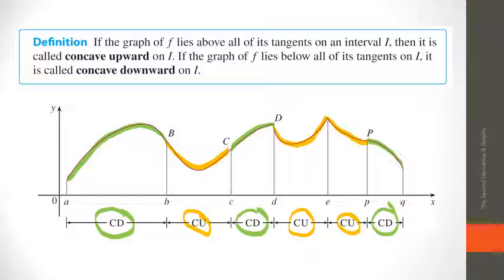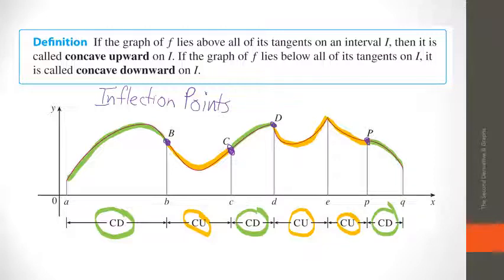Now, the points where you change from concave up to concave down, like right here, changes from concavity here, here, not at E, and here. Those are again our inflection points. And that's where you change concavity.